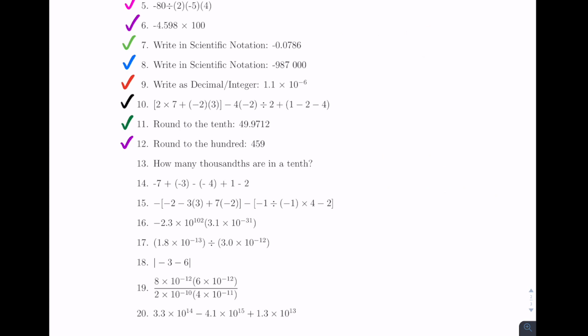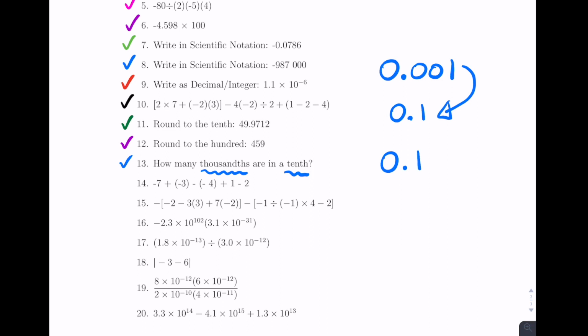Question 13. How many thousandths are in a tenth? This is 1,000th. So how many of these are in a tenth? This is a tenth. They're asking you how many of these will go into this, which is a division question. Now for division, as you may remember, we don't like to divide by a decimal.